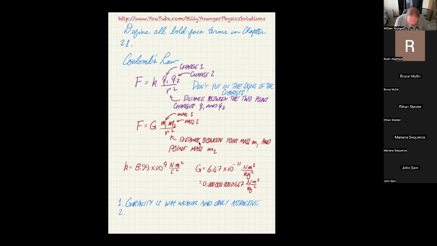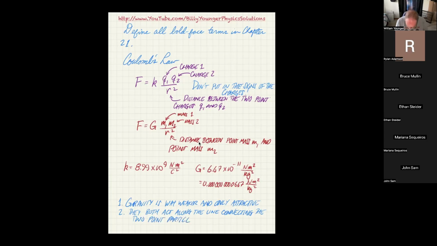Two, they both act along the line connecting the two point particles.